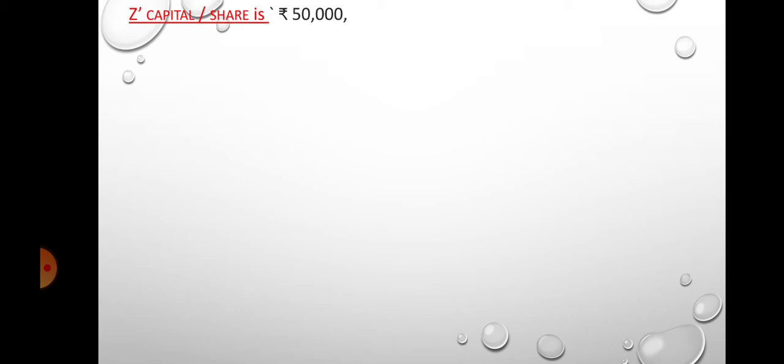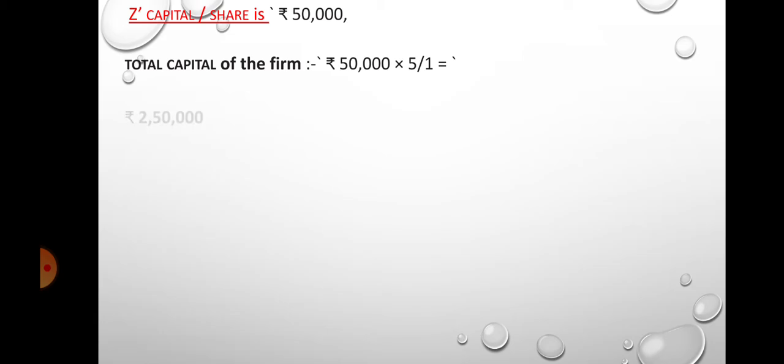Z's capital is rupees 50,000. Total capital of the firm is 50,000 into the reciprocal of Z's profit share 1/5, that is 5/1, equal to 2,50,000.